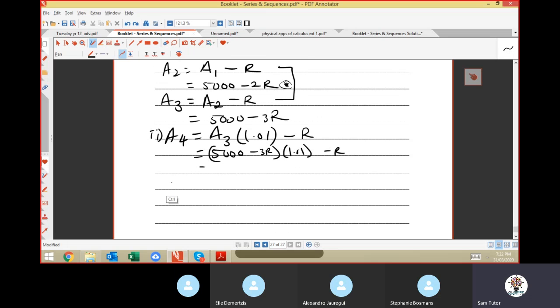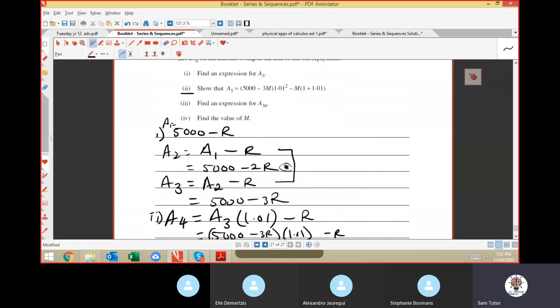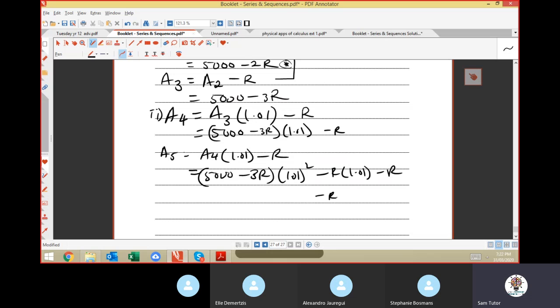Just leave that over there. And A5 becomes A4, which is 5,000 minus 3R, times by 1.01 squared, minus R times 1.01, minus R. And I think that was what we wanted. They just want you to factorize it out.